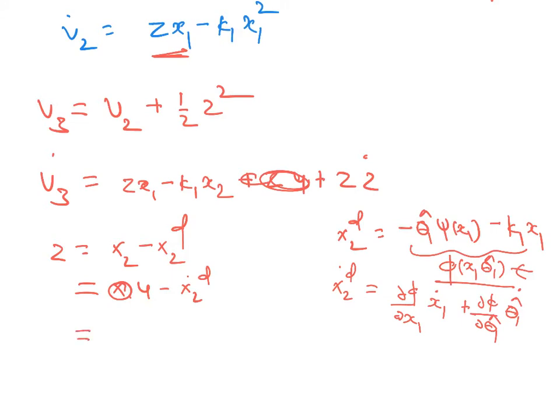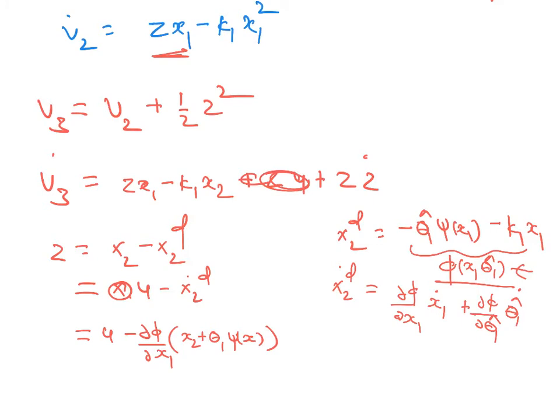So we can plug it in here. So u minus del phi by del x1, x1 dot is x2 plus theta 1 phi of x.